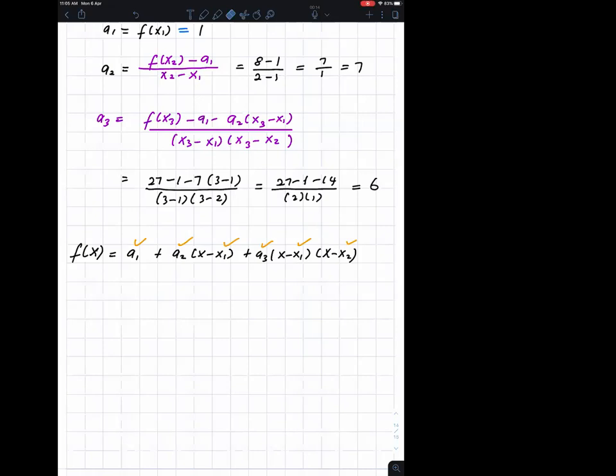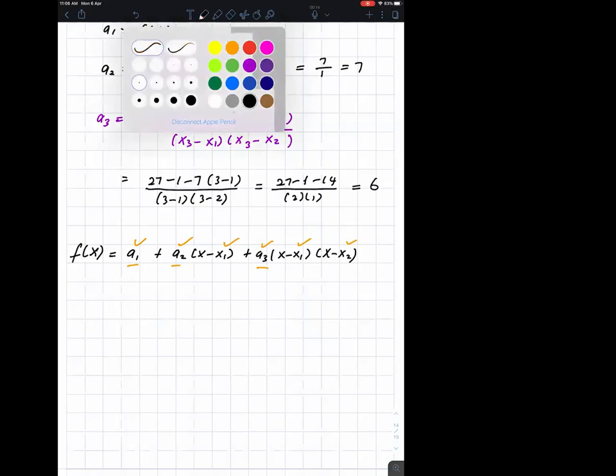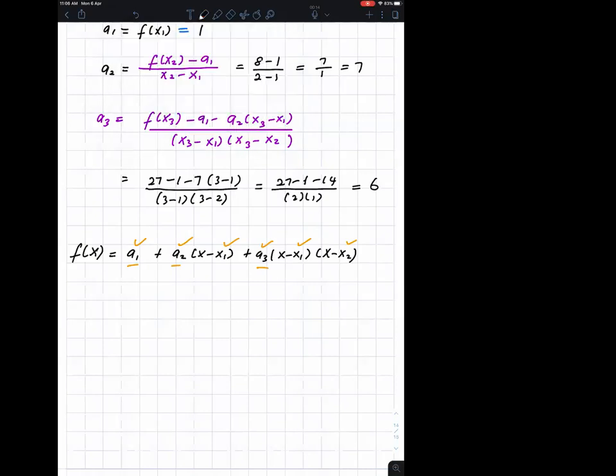You found all the coefficients, A1, A2, and A3. The rest are given. Then you just plug in whatever information you have. A1 is 1. A2, 7.